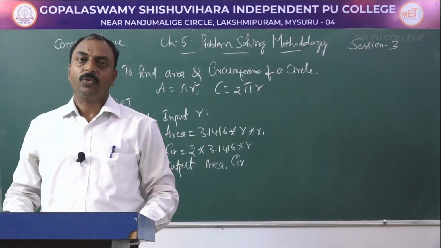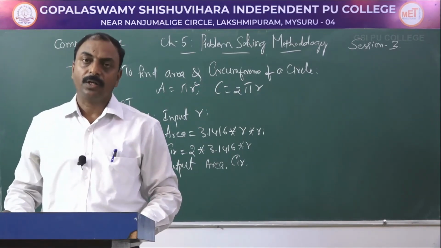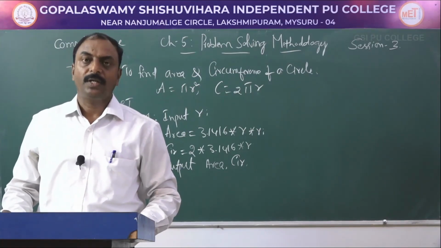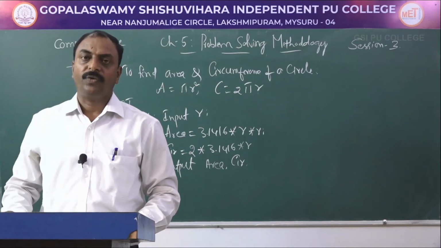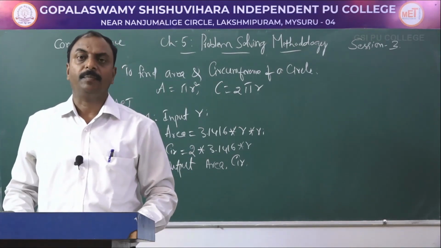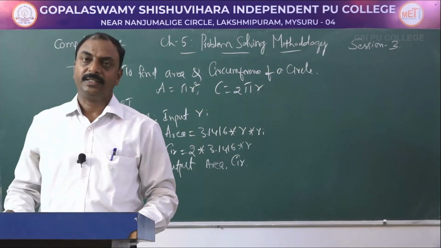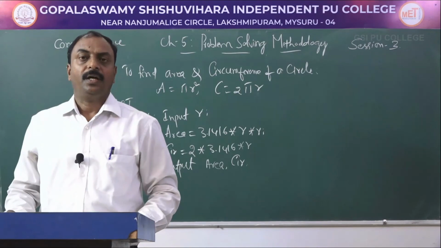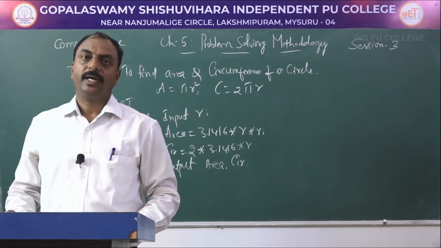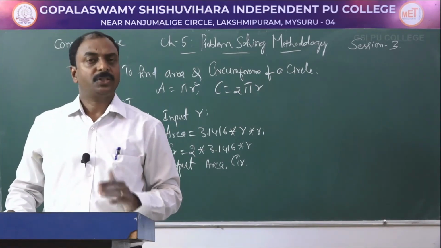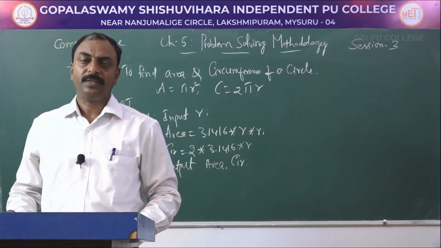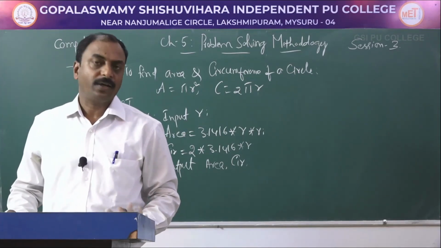Next is output. Every algorithm must produce a meaningful result, that is output. Finally, terminate. Every algorithm which starts has to end at a particular stage. These are the 5 characteristics of an algorithm.